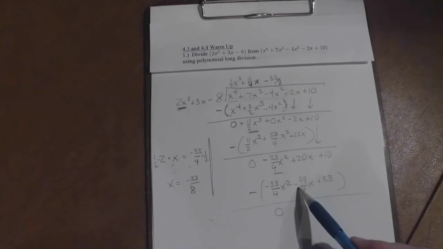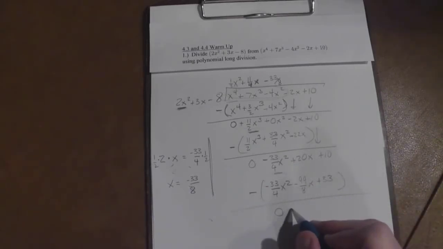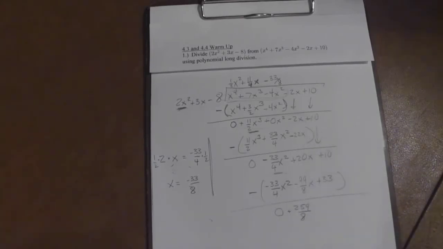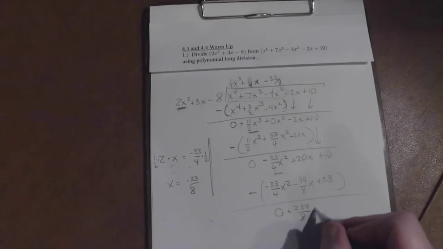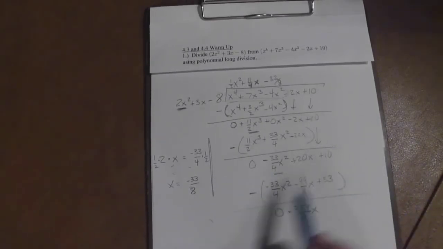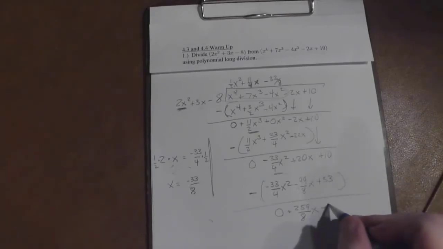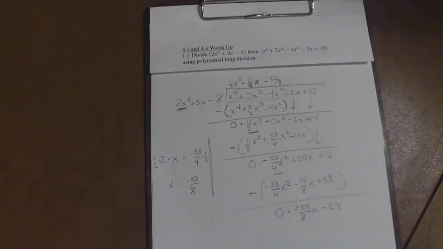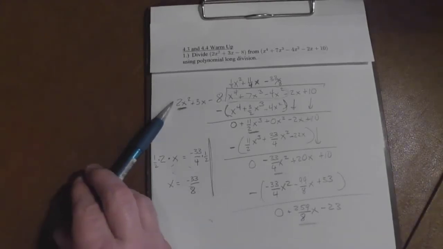And if we go common denominator, this would actually be 160 eighths plus 99/8, which is going to yield positive 259/8 x. And then here at the end, we would have 10 minus 33, which would be negative 23 in value.